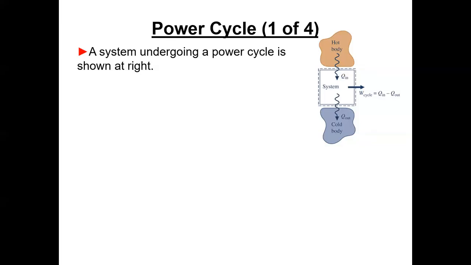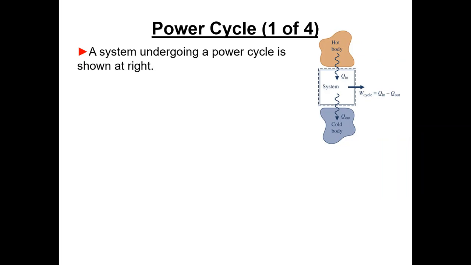So we have to reject some heat to the cold body, which is typically a lake or the air, the atmosphere, some large heat sink, we call it, where we can dump that heat. And then the cycle work is simply the difference between Qin minus Qout. So these diagrams are pretty simple.